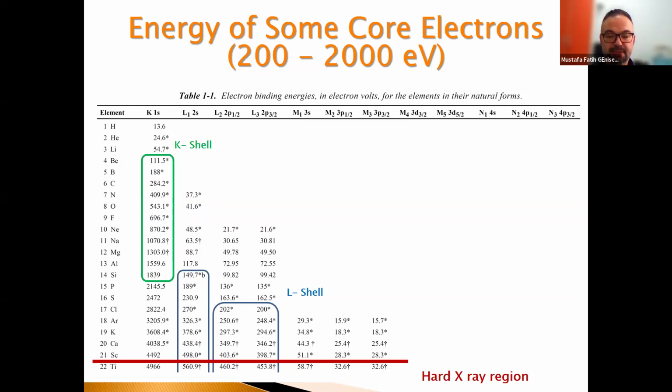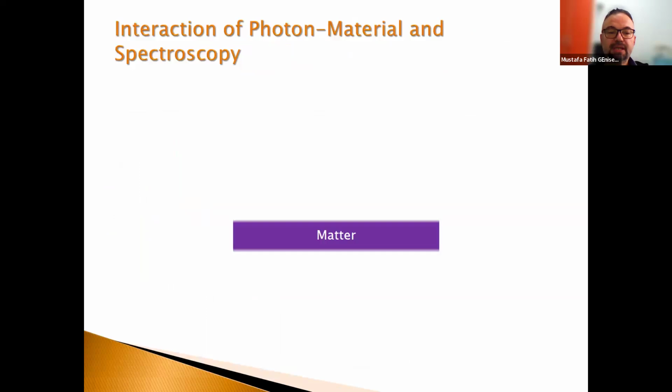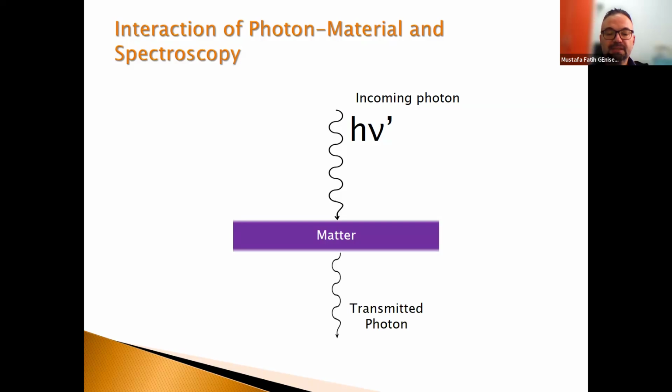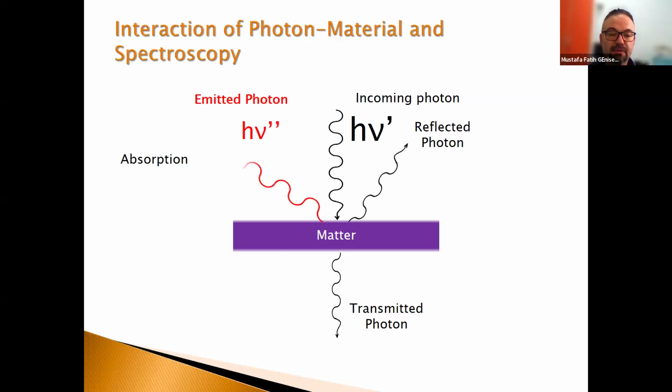So let's look at the interaction of X-ray photons with the material. This is our incoming photon with a specific energy. When it interacts with the material, either it will be transmitted, maybe losing some of its photons, or it will be reflected, which is not our case now.